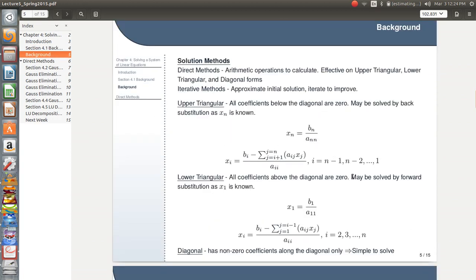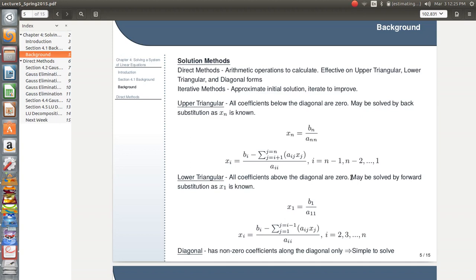There are a number of different techniques that we can use to solve this kind of system. Direct methods use arithmetic operations to calculate the solution. These are very, very easy and very effective as long as your matrix has a form that's either upper triangular, lower triangular, or diagonal. We'll talk about what each of those is in just a moment.